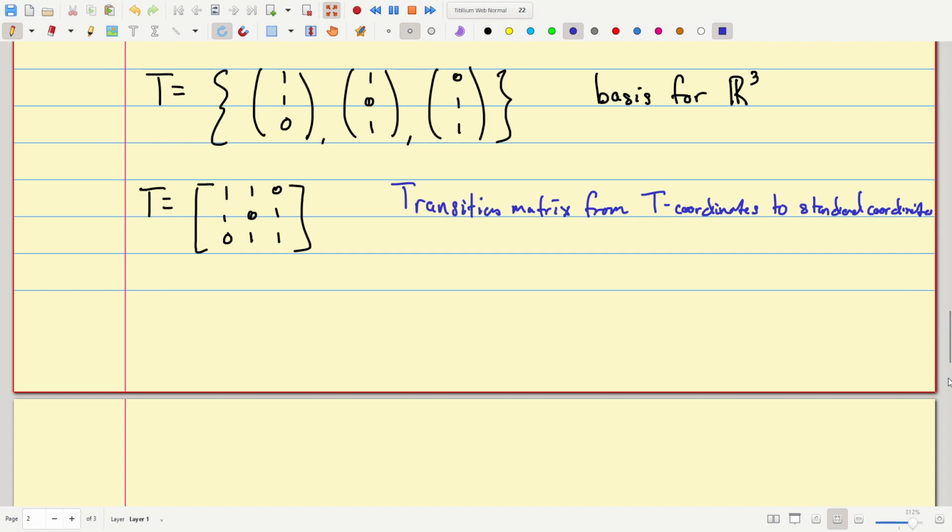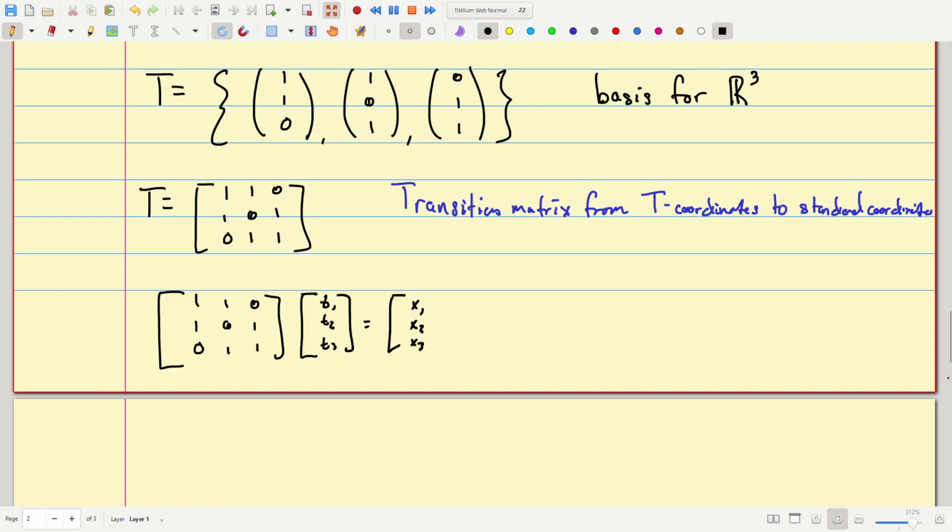So if I write down this multiplication here, I have our matrix T times a vector T1, T2, T3, and that's going to be equal to, on the right-hand side, x1, x2, x3.